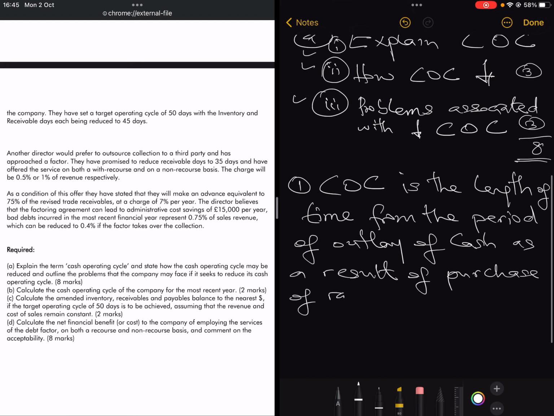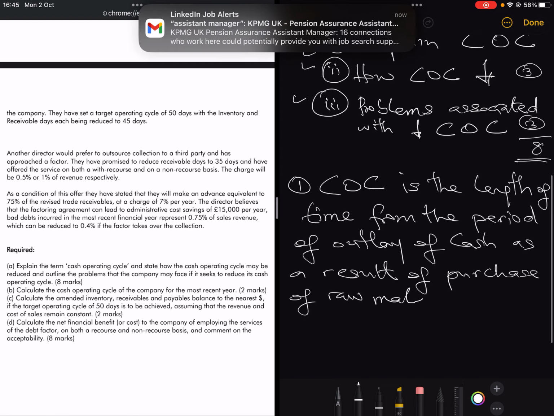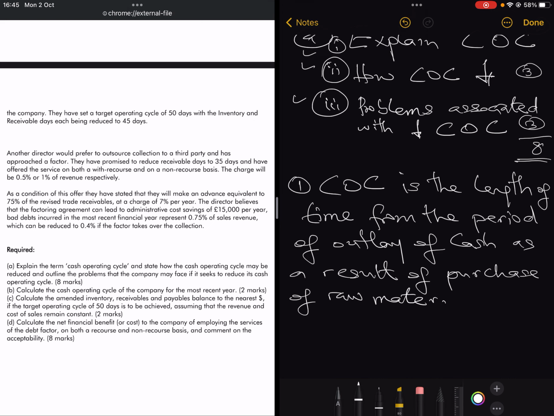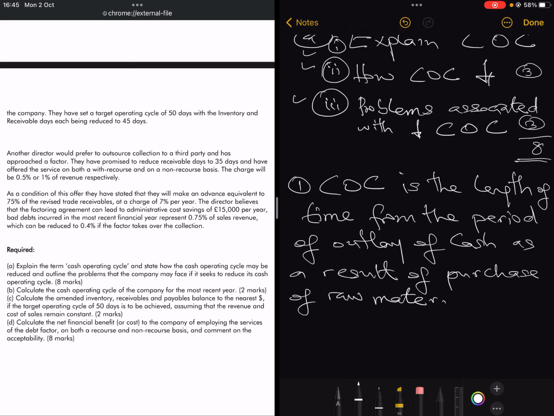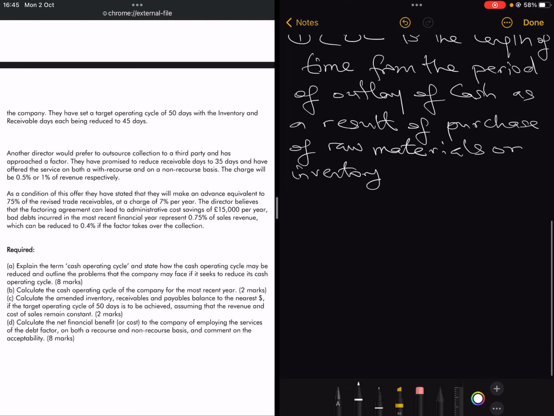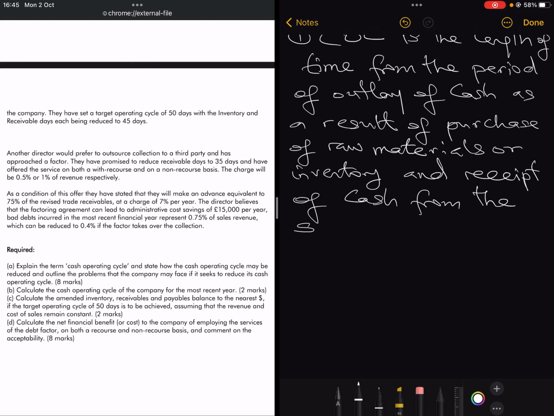of raw materials, or you call it inventory, and receipts of cash from the sale of goods.